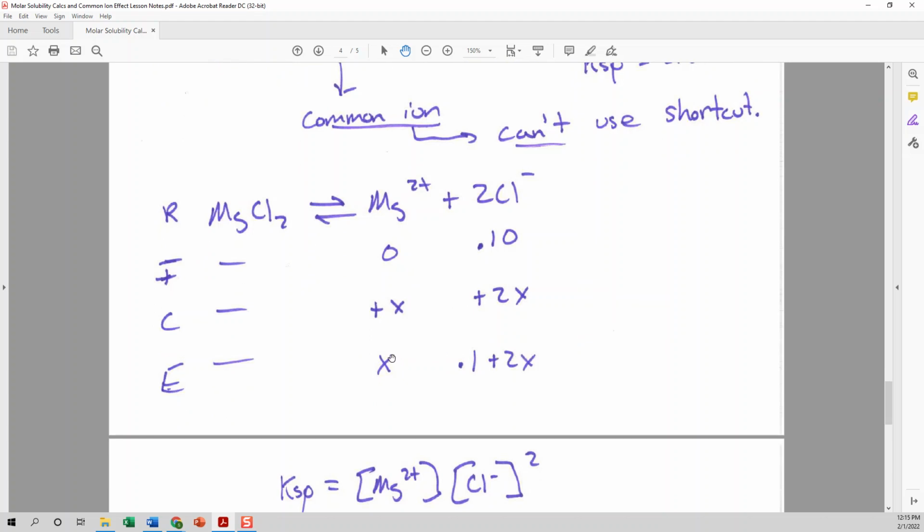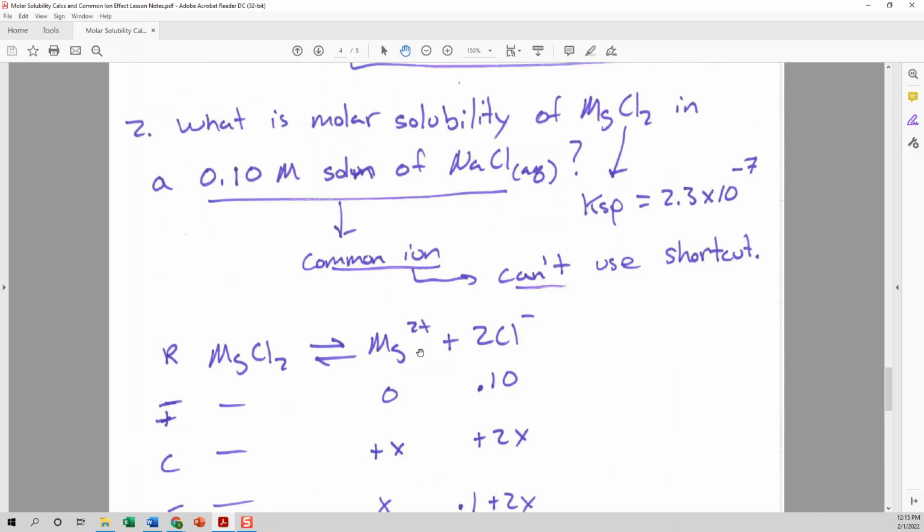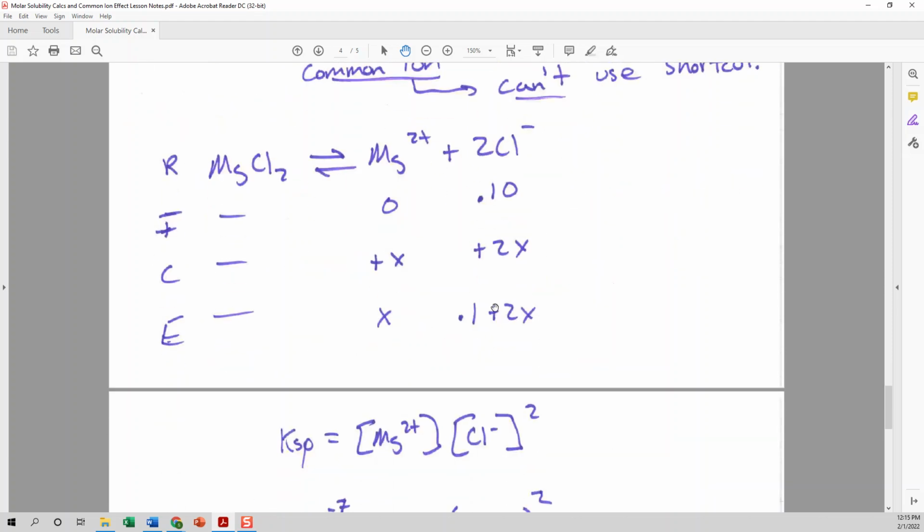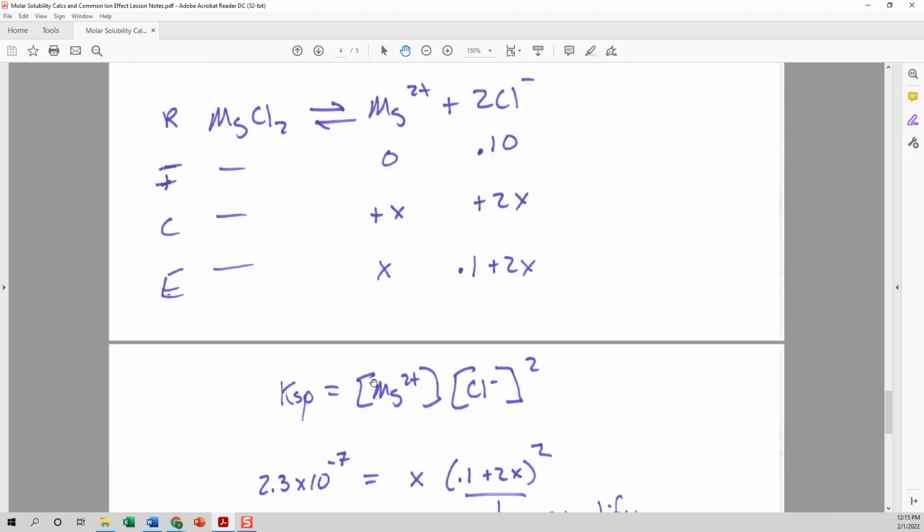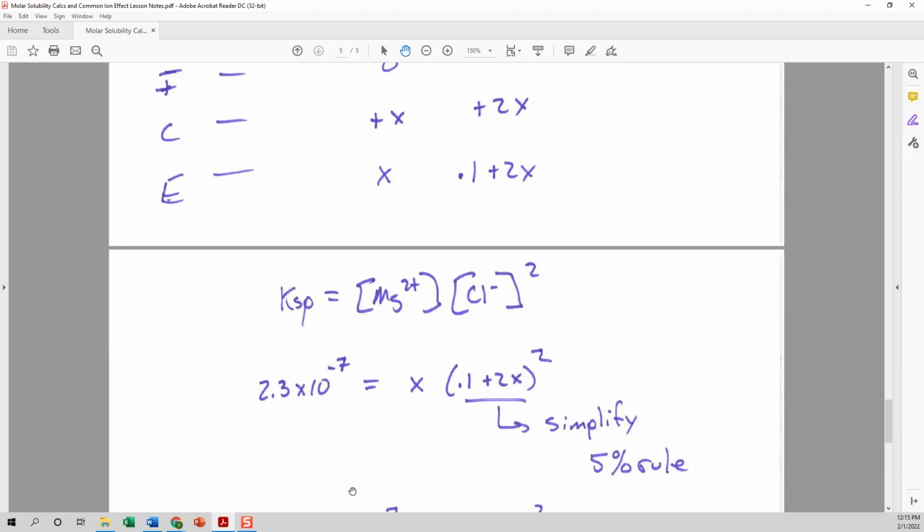But again, if we solve for X, X is our answer. It's our molar solubility to this question, all right? So we plug them into the expression. So here's our expression. We know KSP equals the magnesium concentration times the chloride concentration squared. We know what that KSP number is, 2.3 times 10 to the negative 7, okay? And then we plug these into the expression.